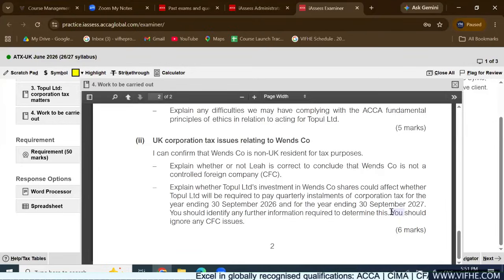Though, what I have learned from the examiner report is that the majority of the students wrote everything they knew about CFC, the rules, whether they are CFC or not, which was obviously required in this question, but then whether there is going to be any CFC charge or they are covered under the exemption. That is not something being asked over here.